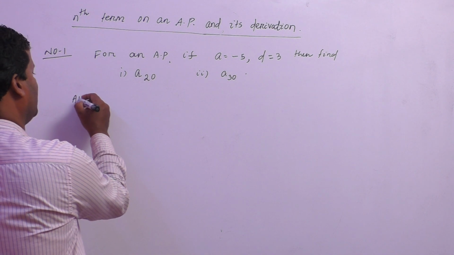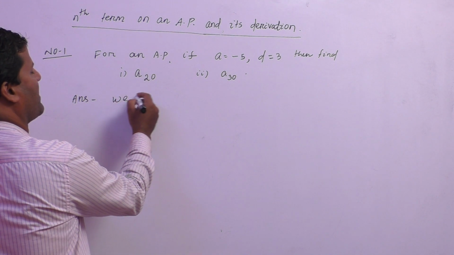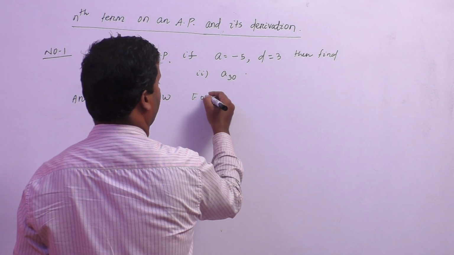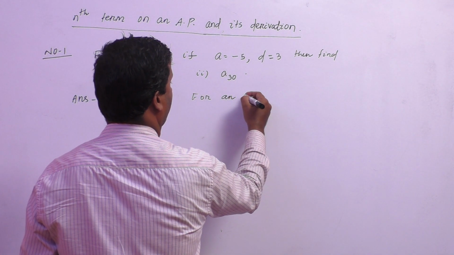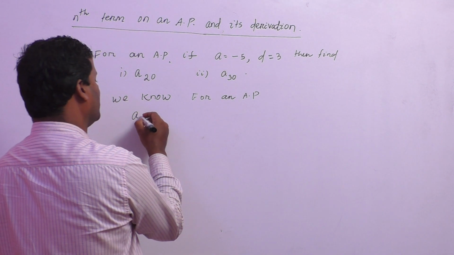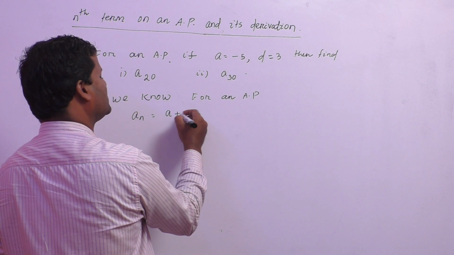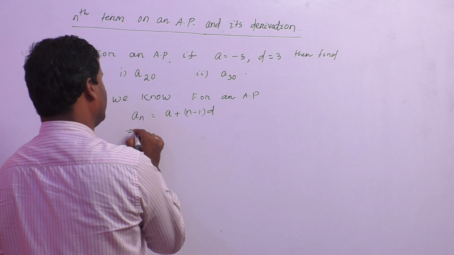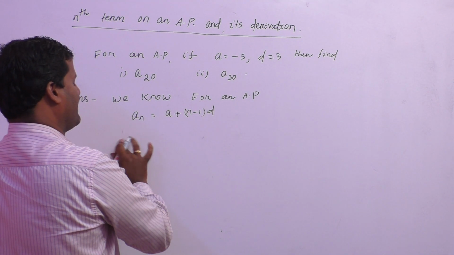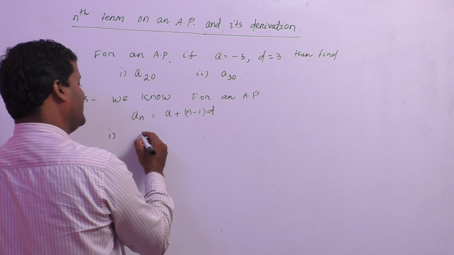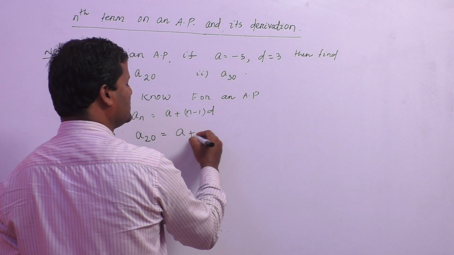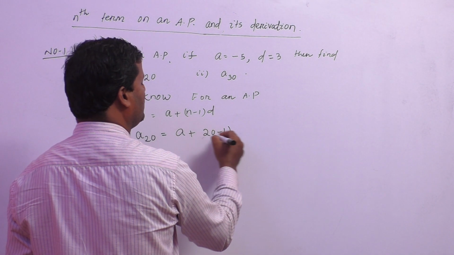In the answer, we know for an AP, a_n is equal to a plus n minus 1 into d. Implies that in first one, a20 is equal to a plus 20 minus 1 into d.